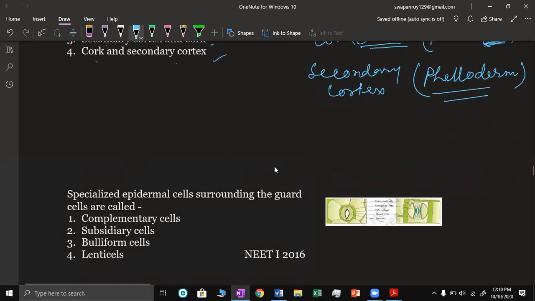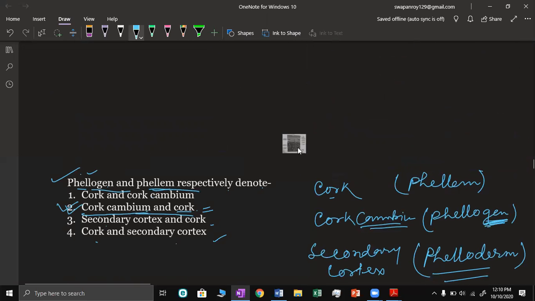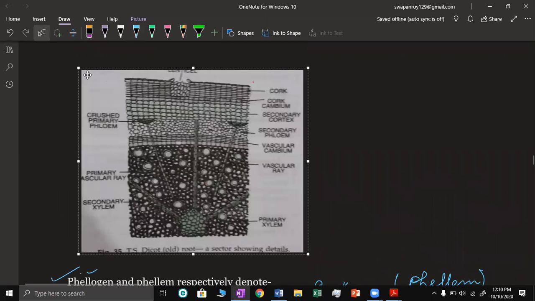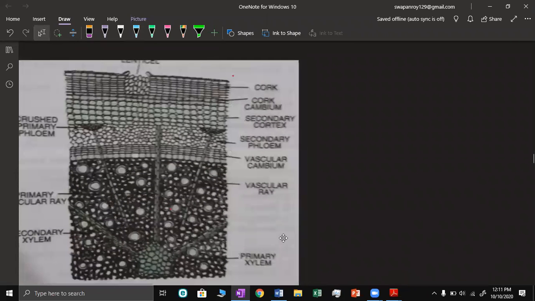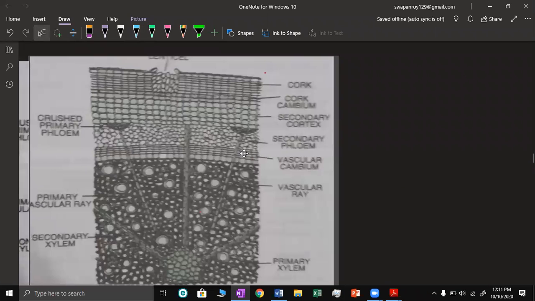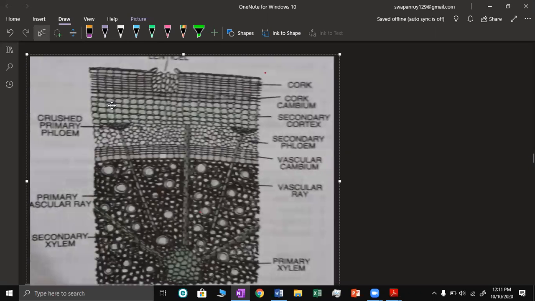Next one, here is one diagram. Right, you can see in this diagram where is the phellogen, phelloderm, and cork, etc. See here, this is a section of the stem showing the secondary growth.